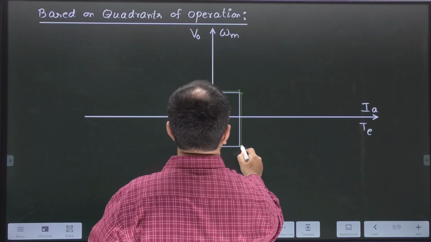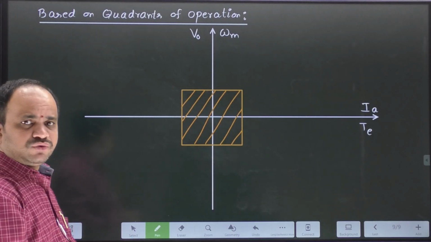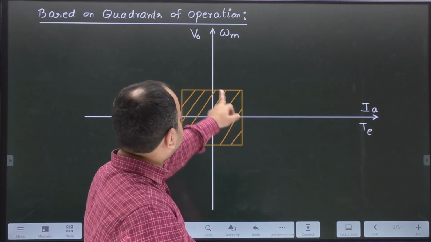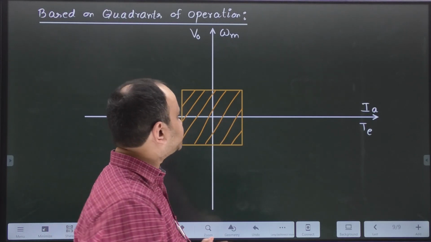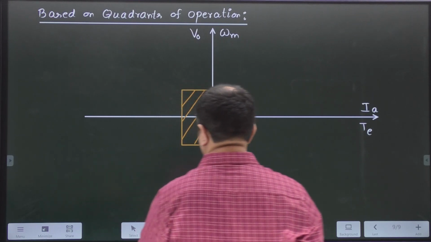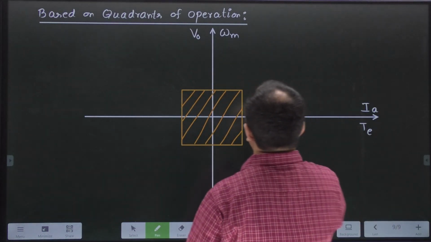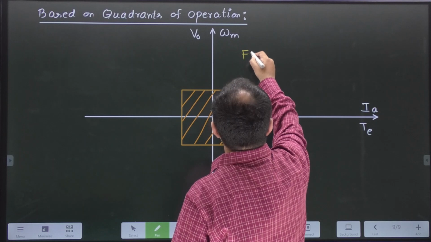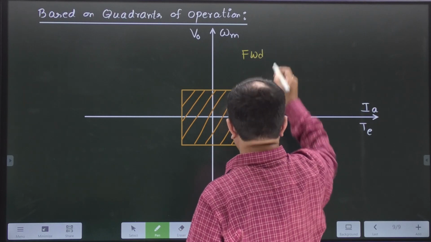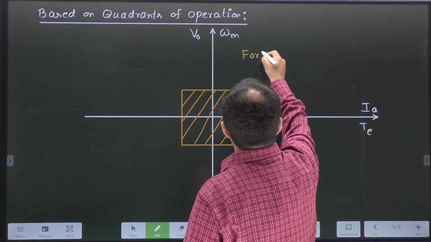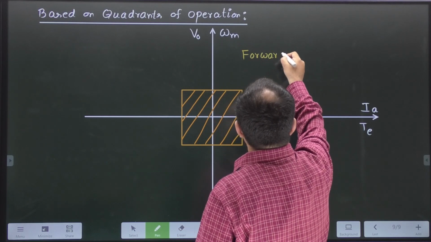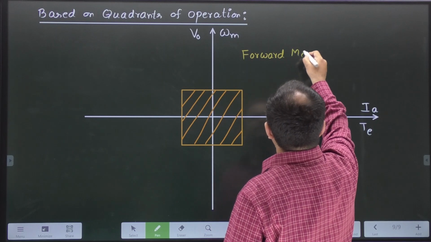So here, in the first quadrant, as both voltage and current are positive, you can say that power given to the motor is positive. Okay. Therefore, this particular operation is called forward motoring.